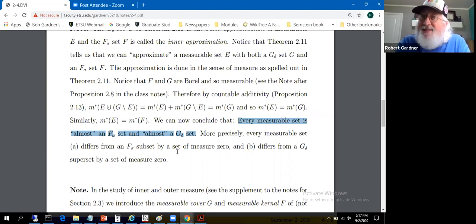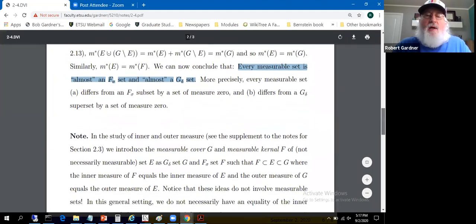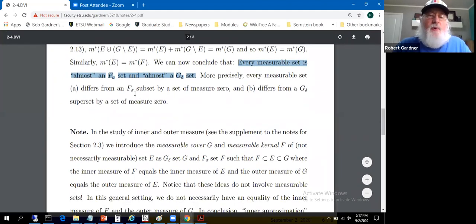Almost in the sense explained in Theorem 2.11, the second and the fourth parts that dealt with the F sigma and G delta sets. To be a bit more precise, every measurable set differs from an F sigma subset by a set of measure 0 and differs from a G delta superset by a set of measure 0. So it matters where those sets were.